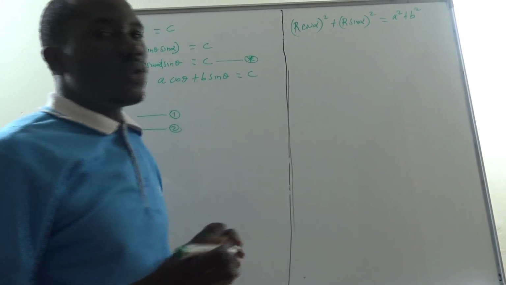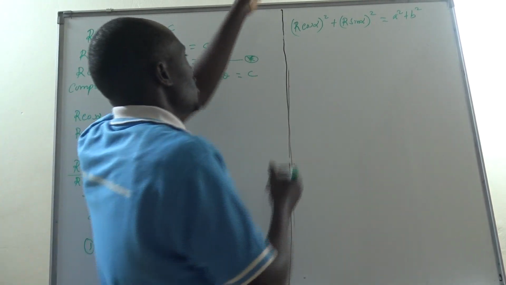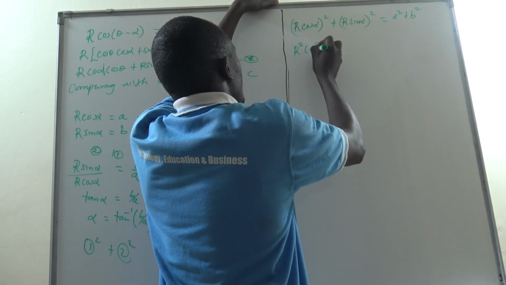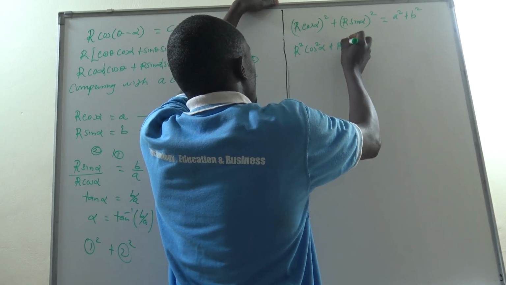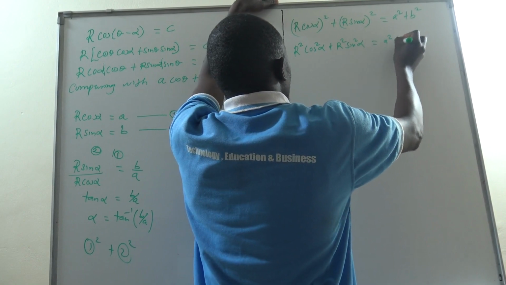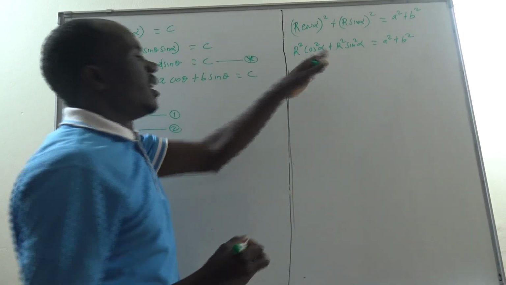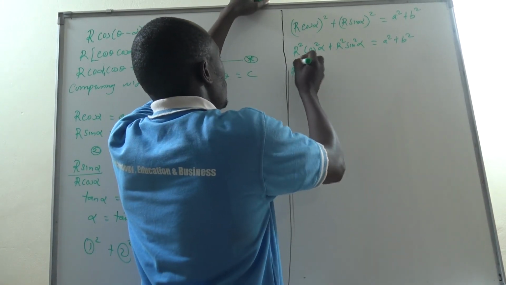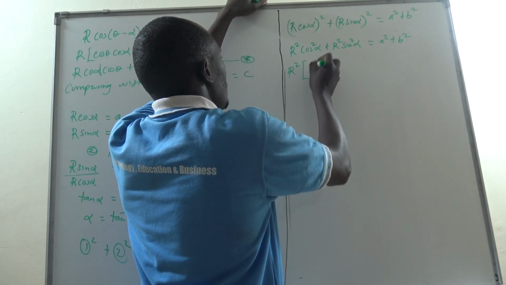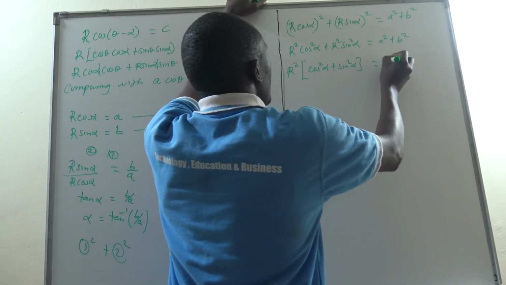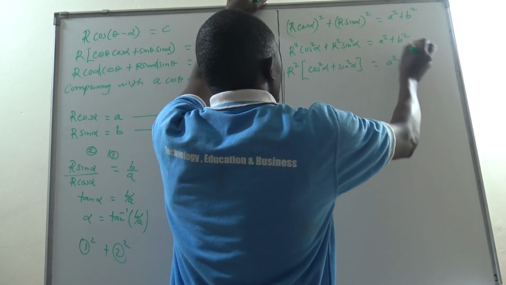When we expand by opening the brackets, we have r squared cos squared alpha plus r squared sin squared alpha equals a squared plus b squared. What is common here? r squared. I remain with cos squared alpha plus sin squared alpha.